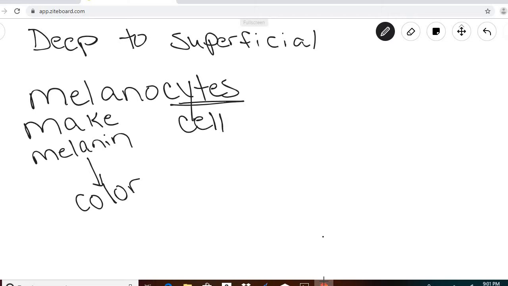So from the Golgi bodies, it gets sent outward into these extensions that come off the cells. And then the stratum basale and the stratum spinosum cells actually engulf them. So you have these little packages that are full of melanin.